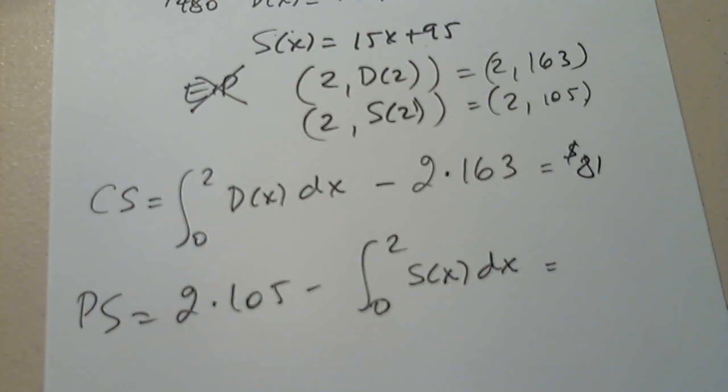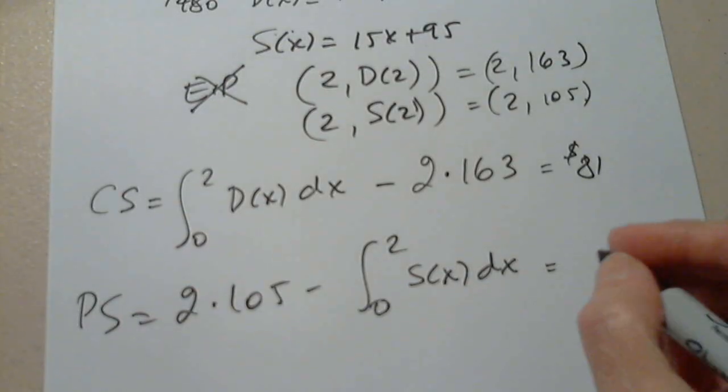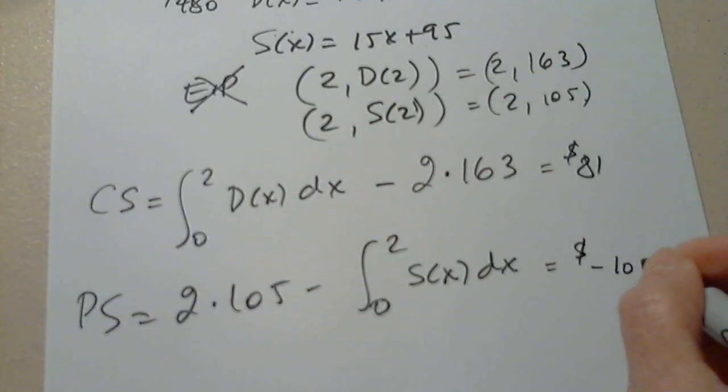And the same thing, 2 times 105 minus the integral from 0 to 2 of the other function dx, and the producer surplus is negative 10.